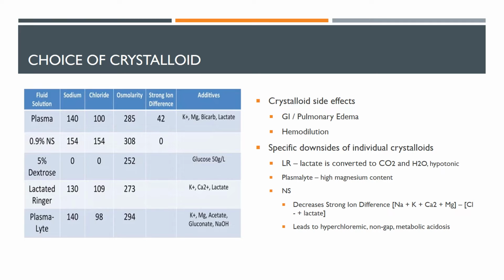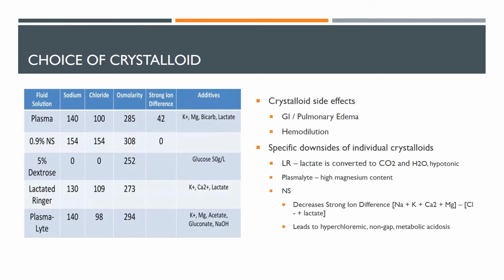So in general, crystalloid does have some common side effects among the various choices. All crystalloid, if given in excess, will give you some degree of either GI and/or pulmonary edema. It will result in hemodilution if given in large quantities. And then each crystalloid does have specific downsides.